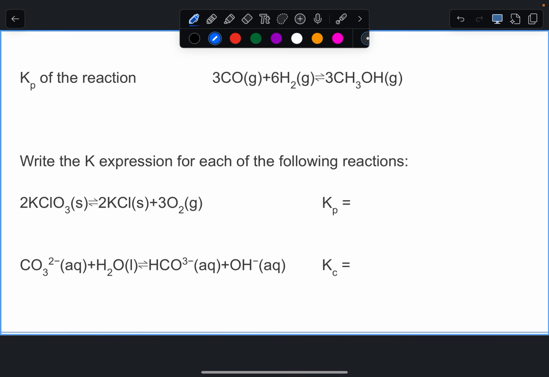And aqueous things are dissolved into something else. But a pure thing like a pure solid, if it says solid in the equation, or a liquid like just plain water, those do not get included in the K expression because the absolute amount of them doesn't impact the equilibrium.